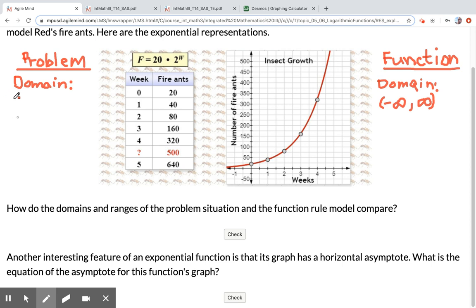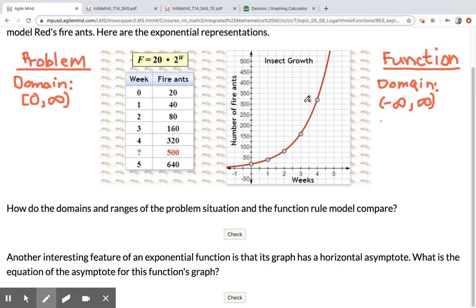So for my domain, I would say, for my problem, I would say that the domain is 0 to infinity until the fire ants take over the world and we're all dead. Sorry, that was a little morbid. They won't take over the world. We're fine. So while the domain of the function is all real numbers, the domain of the problem is all real numbers greater than 0. We don't have negative weeks.